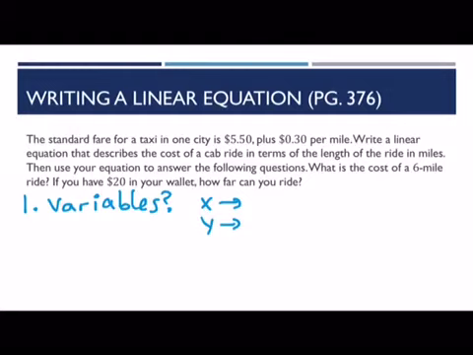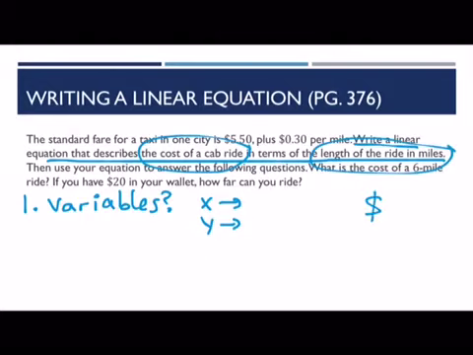Okay, so your clue is in this sentence, write a linear equation that describes, and then it tells you what the two things are that we are supposed to describe. And they are the cost of a cab ride and the length of the ride in miles. So the two things are dollars, the cost, and the length of the ride in miles.